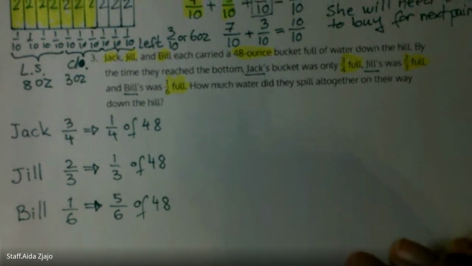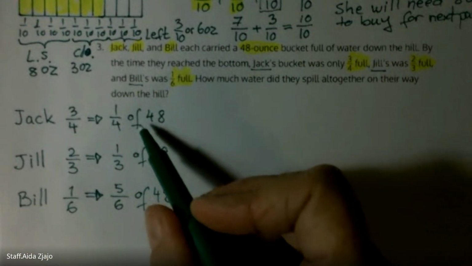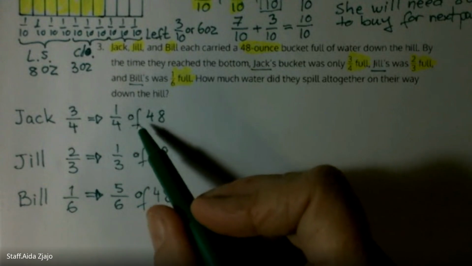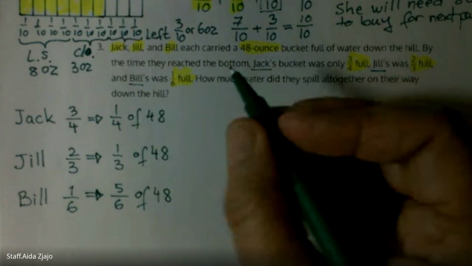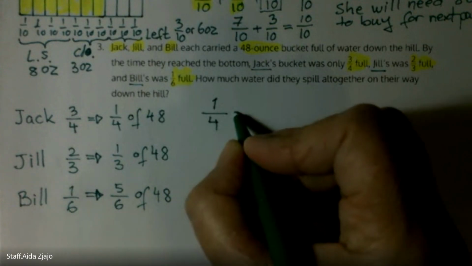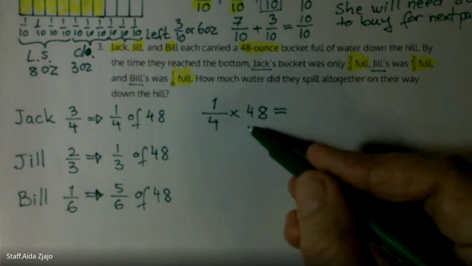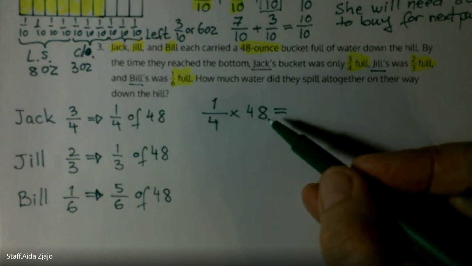So now, as you learn in ZERN, of means multiply. We are looking for what is 1/4 of 48, which means what is 1/4 times 48. And we know this becomes a fraction number.